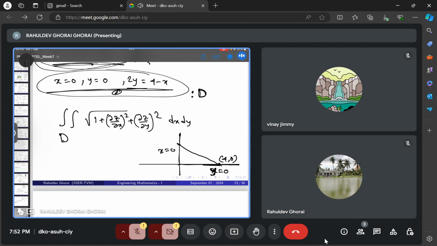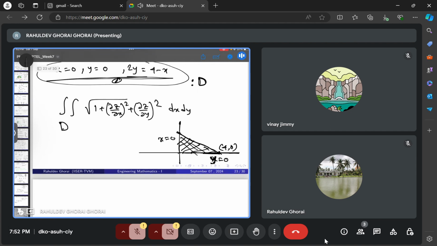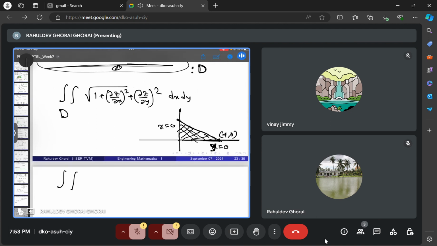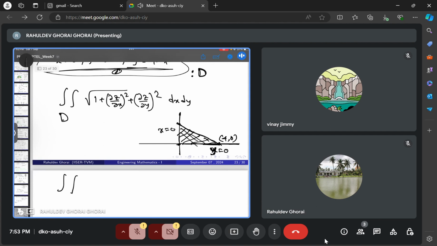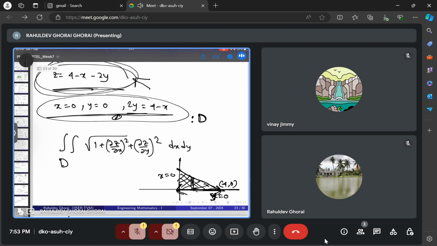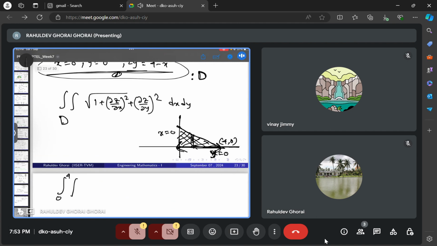This is the whole domain. So for this domain, what will be the limits? x is from 0 to 4, but y will be from 0 to 4 minus x over 2.